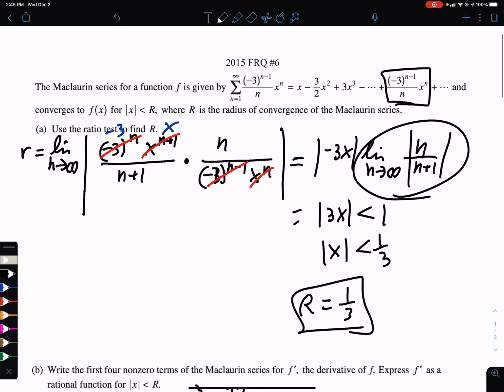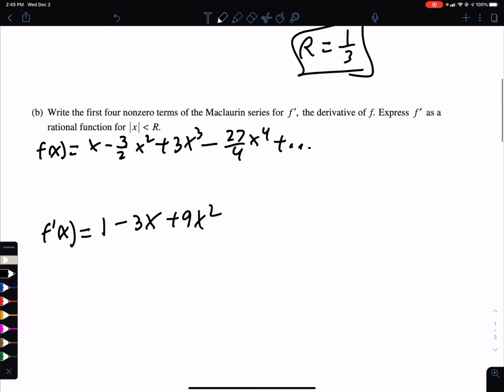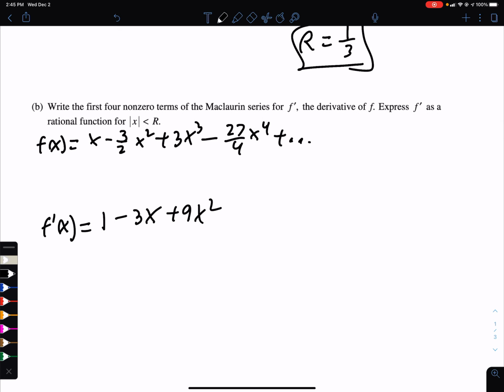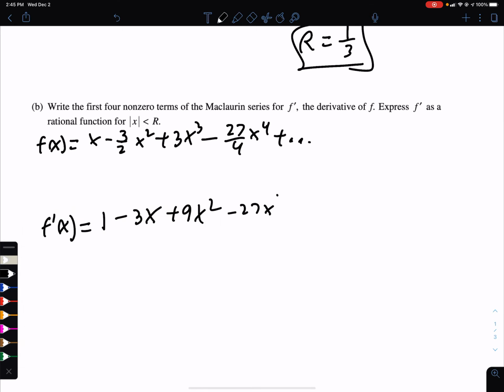And then the exponent is going to be 4, x to the 4th. Plus dot, dot, dot. I don't need the general term, so I'm good. So now I take the derivative of the next term. It's going to be minus 27x cubed.